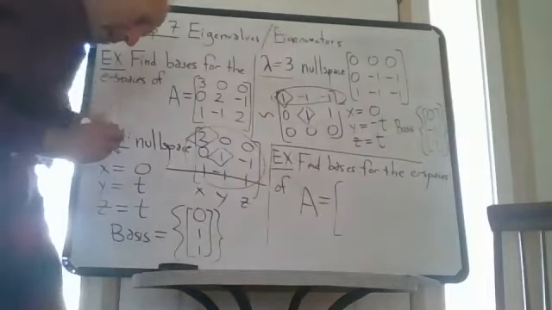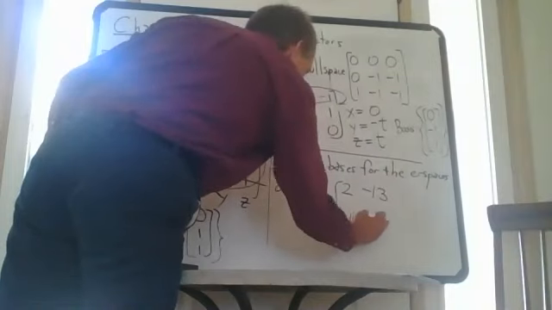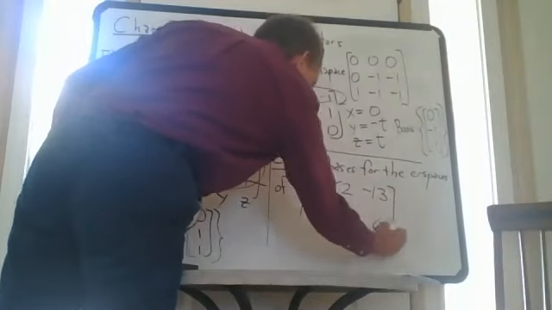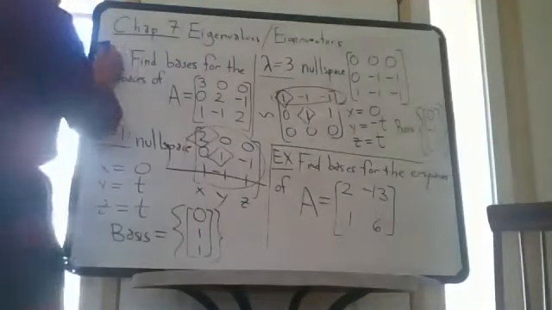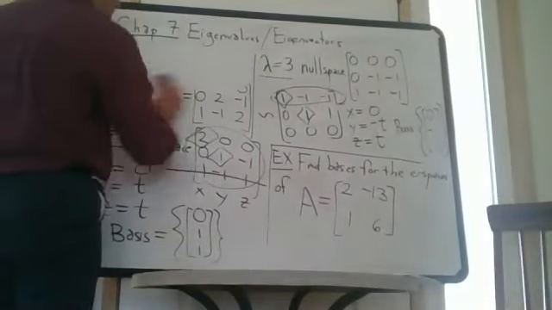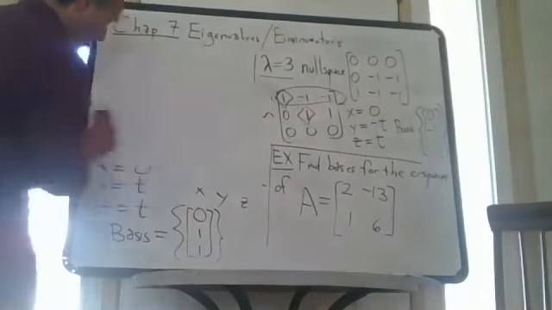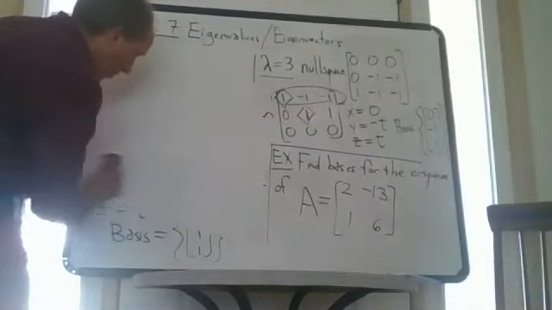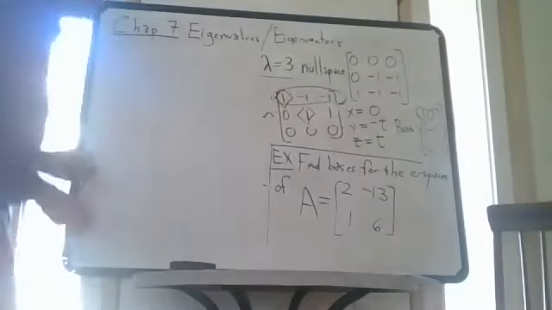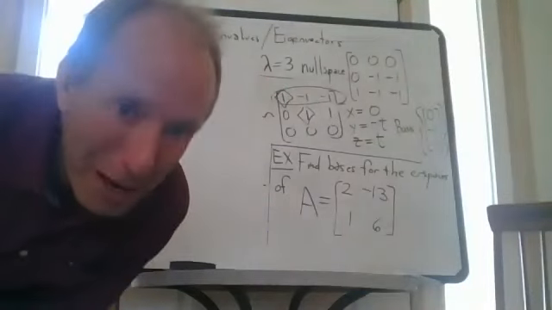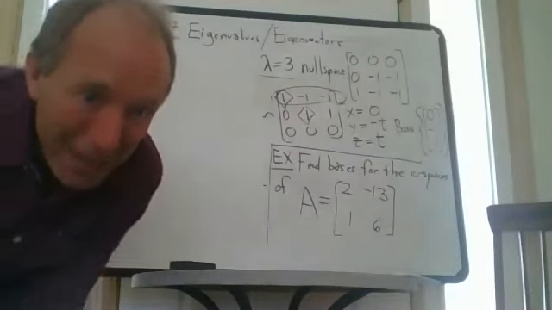This is going to be the matrix 2, negative 13, 1, and 6. So this is just a 2 by 2. So it looks like this would be a pretty easy problem, but something interesting happens. So this is why I want to do this real fast, okay?